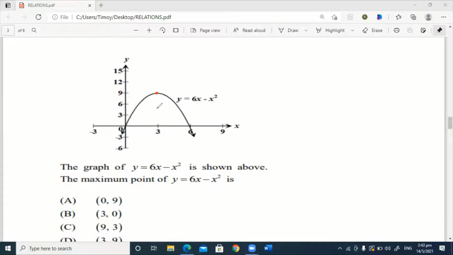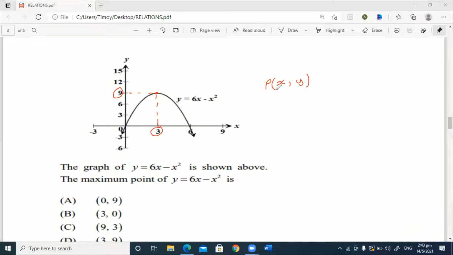So all they want us to do is to read the x coordinate and the y coordinate. So if you draw a line from that point coming down, it takes us to this value, which is 3, when x is 3. And if we draw a line going across like that, it takes us to this value, which is 9. So remember, you plot any point on a Cartesian plane in the form x, comma, y.